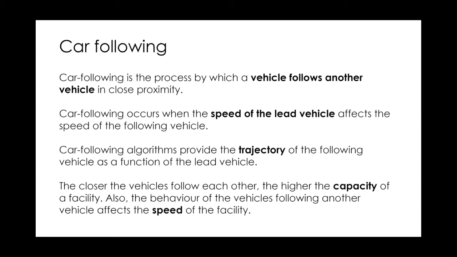Humans have reaction times, maybe a second or 1.5 seconds, when it comes to pushing the brake, accelerating, or decelerating. But because autonomous vehicles are expected to be smart and run by computers, the reaction time doesn't really exist, or it's very, very small.